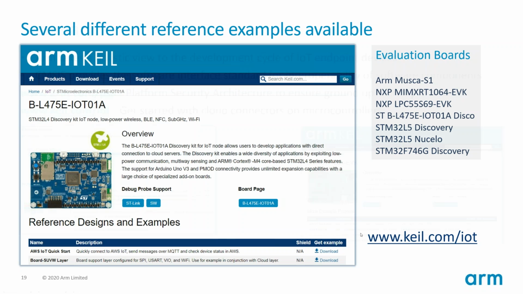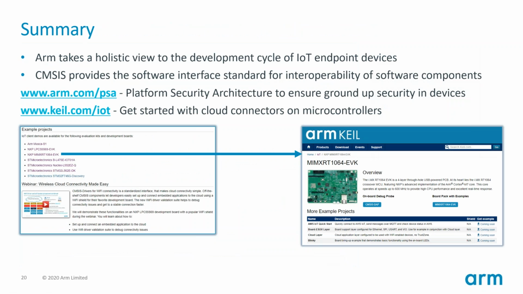So coming to the summary, ARM takes a holistic view of the development cycle and life cycle of IoT endpoints, providing security from the architecture and hardware all the way through the software components and tools, right? We also need to ensure that our tools, like the compiler, can properly handle this security split.